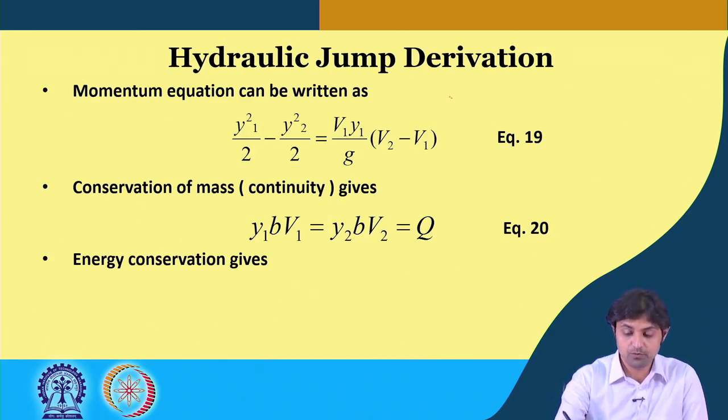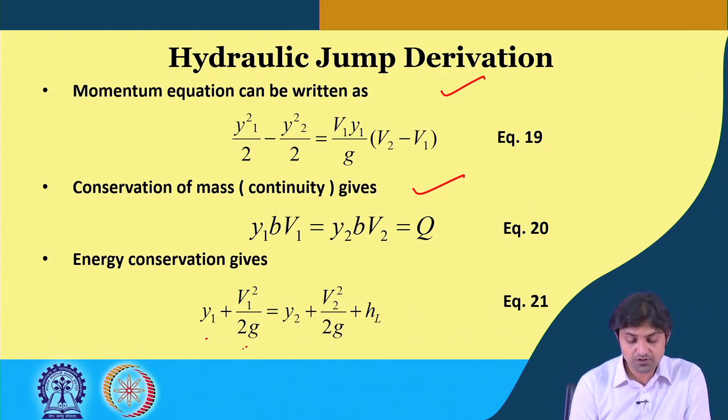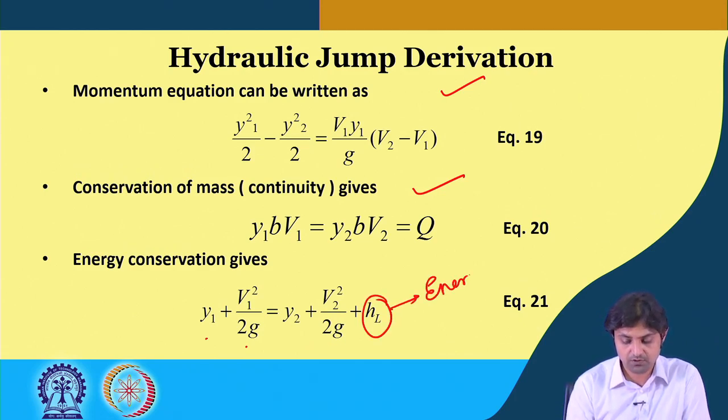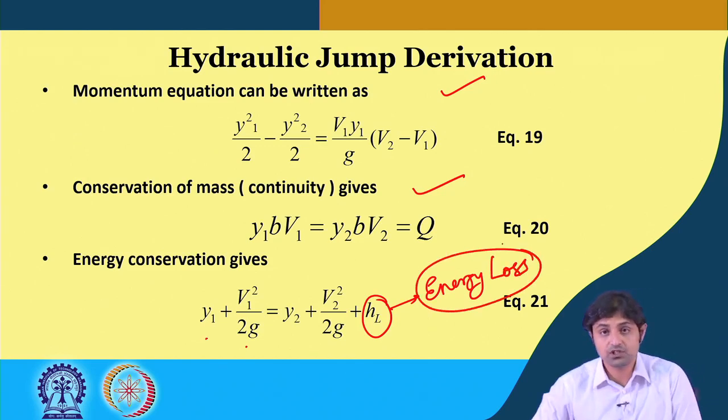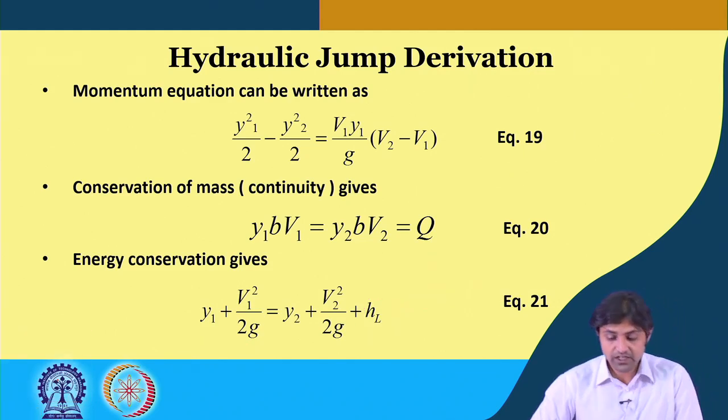So, we have applied momentum conservation, we have applied continuity, now we will write energy conservation between point 1 and 2: y1 plus v1 square by 2g is equal to y2 plus v2 square by 2g plus HL. This is the energy loss, because in rapidly varied flow there is going to be some energy loss because of the transition from one flow regime to the other, or because it is a very complex process. So, we assume there is going to be an energy loss.